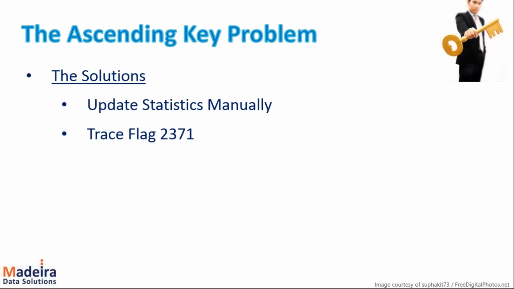By default, the threshold of SQL Server is to update statistics automatically after 20% of the rows in the table have been modified. So, for example, if you have a 1 million row table and statistics have just been updated, as soon as 200,000 rows are either inserted or updated, statistics will be updated again automatically. Now, in very large tables, this might take a while before you hit the 20% threshold.